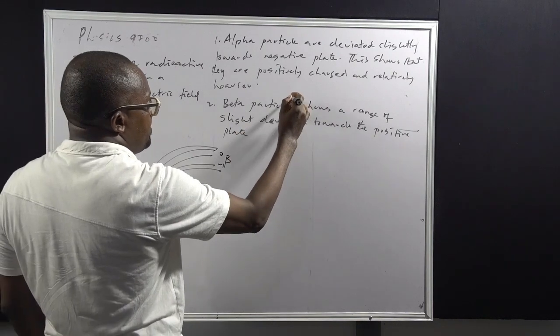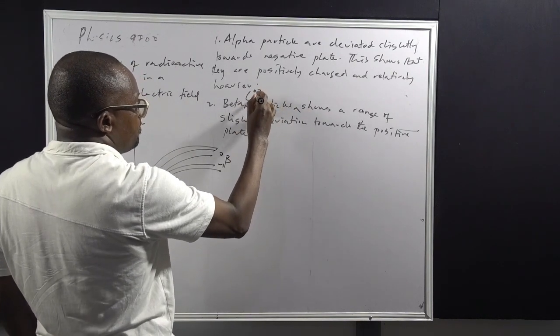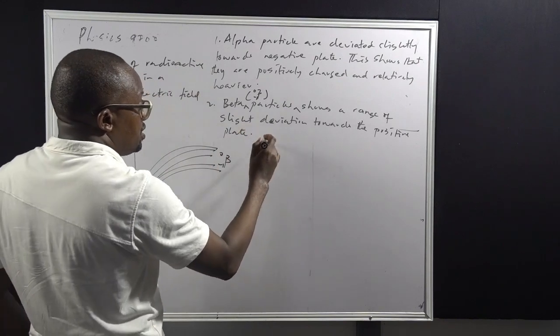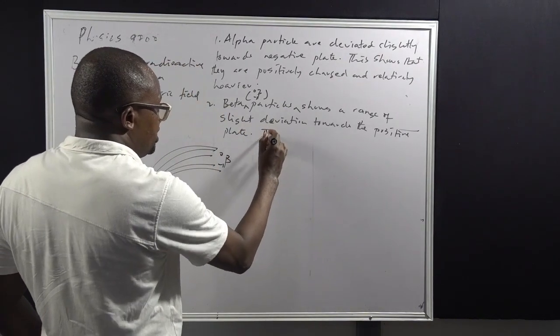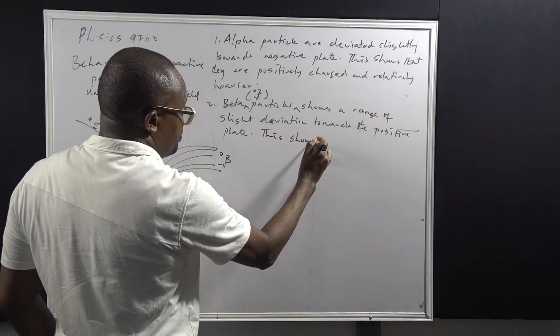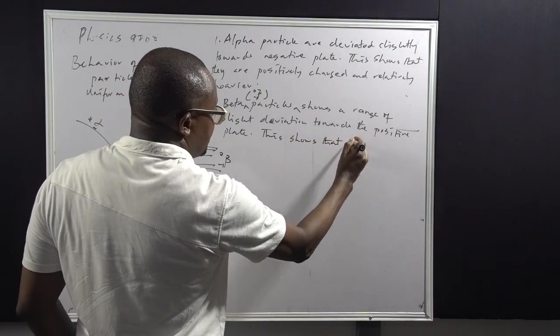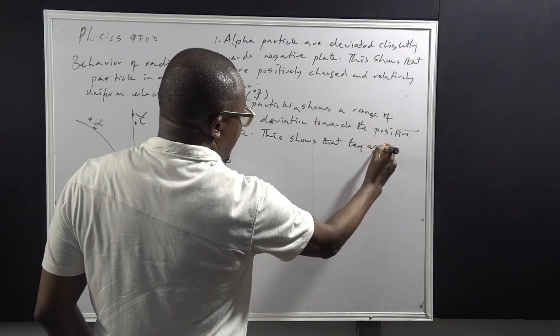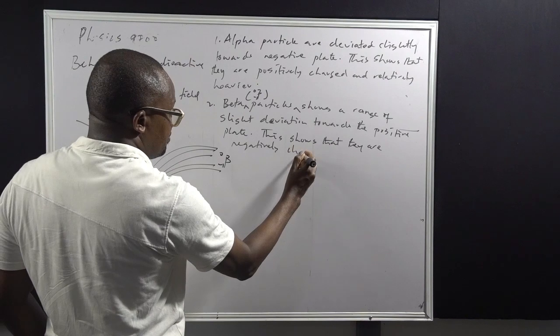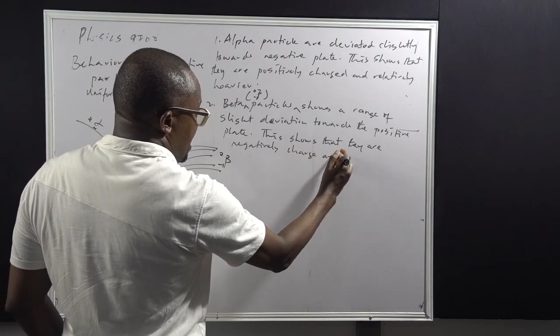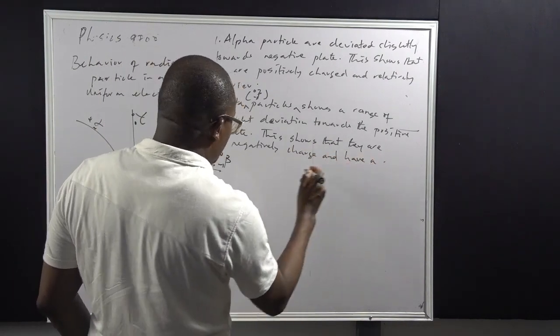This is actually beta minus, don't forget that. This shows that they are negatively charged and have a distribution of energy.